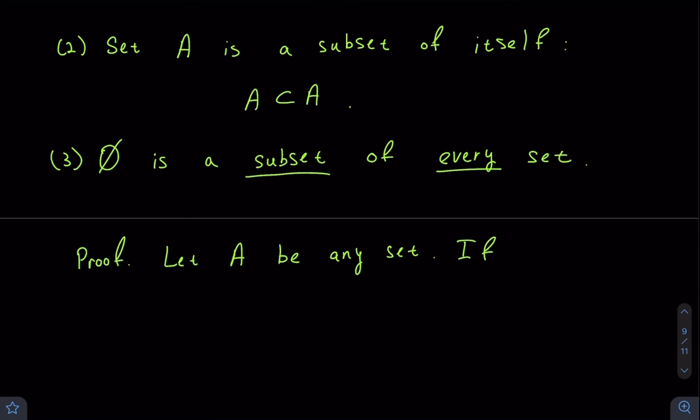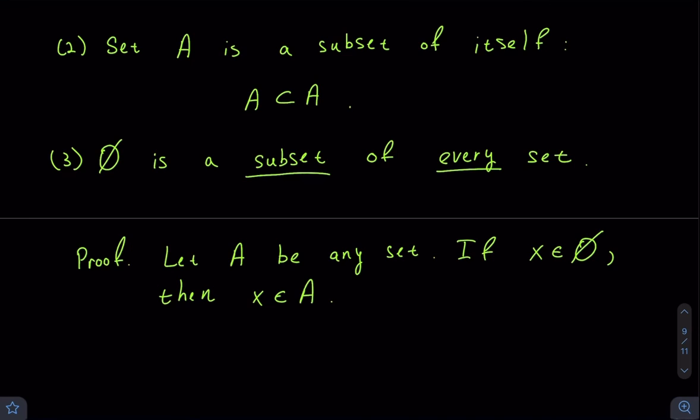If I pick an object, a value, a point, whatever it happens to be, if this object X is in the empty set, then this object must also be in this arbitrary set that we picked. And this statement happens to be true.